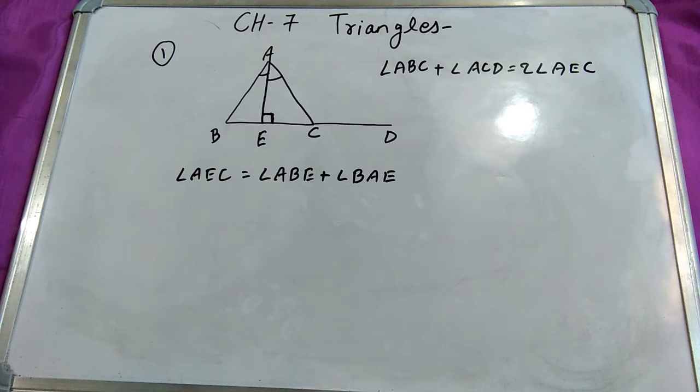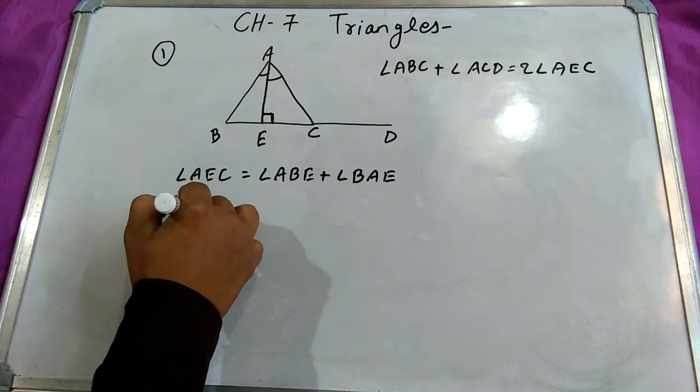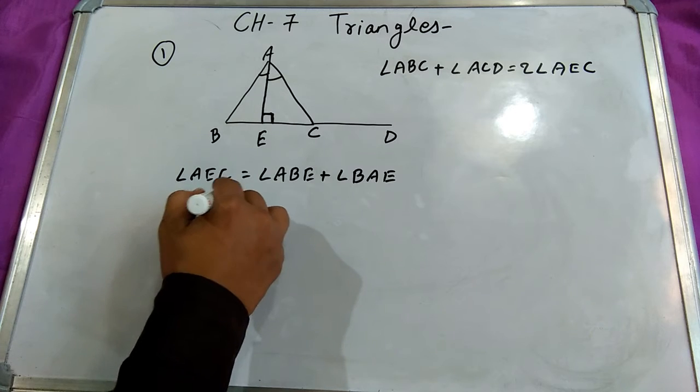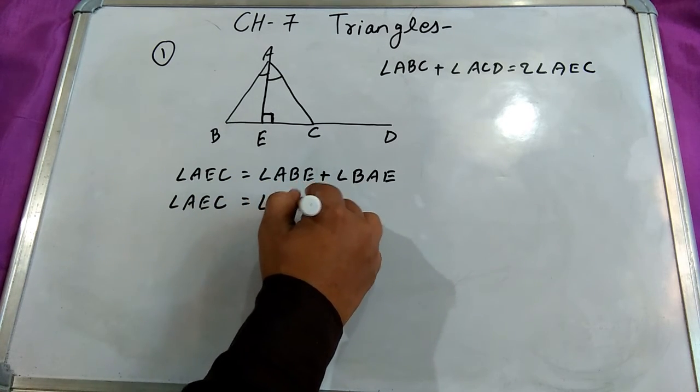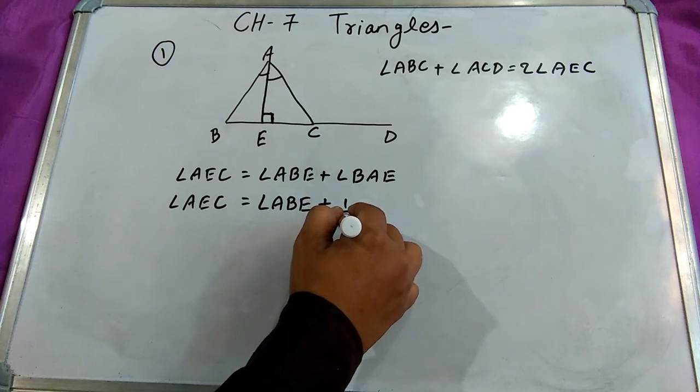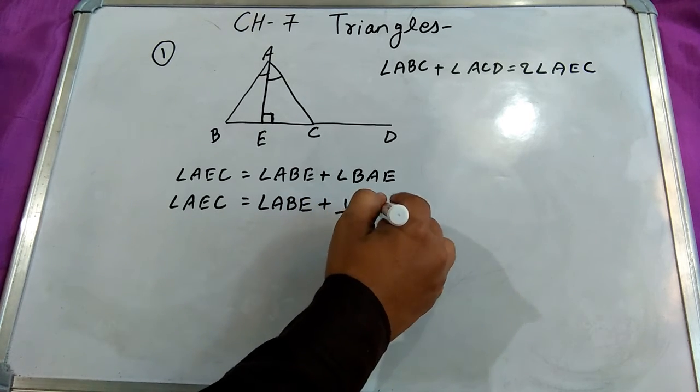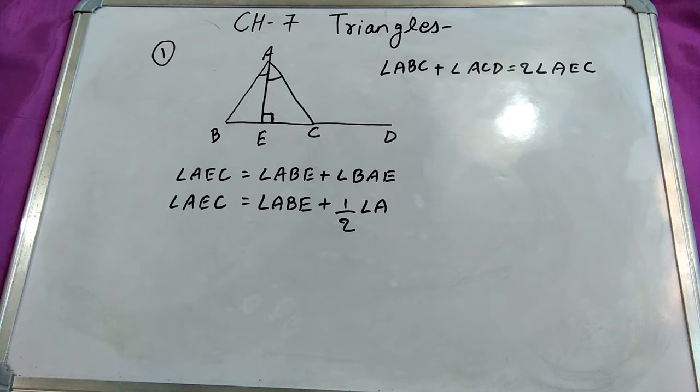Now angle BAE is half of the angle A, by the bisector AE. So angle AEC equals angle ABE plus half of angle A, because AE is the bisector of angle A.